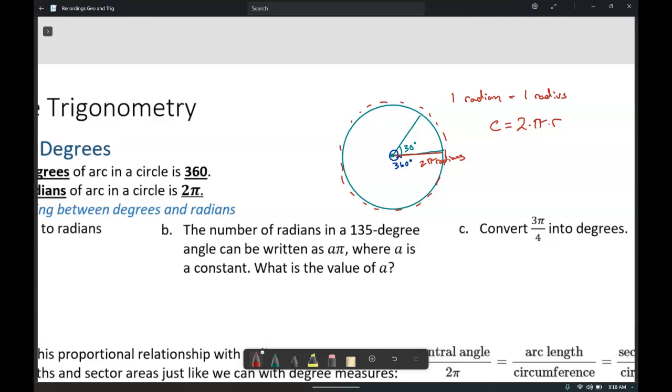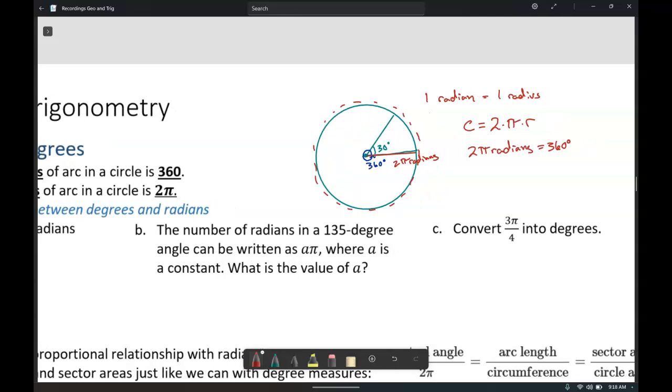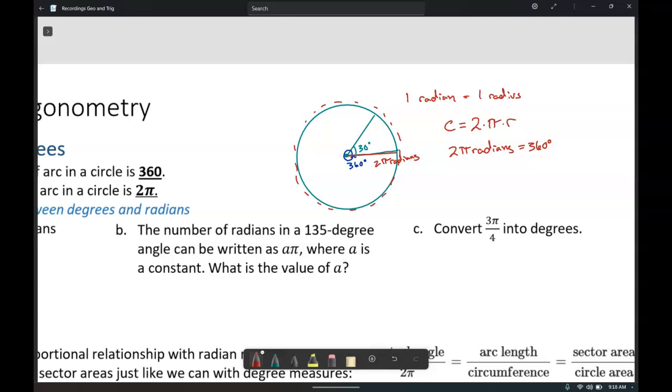Since 2 pi radians is a full rotation, and 360 degrees is a full rotation, those two values have to represent the same thing, therefore they're equivalent. And so we can write a ratio or a proportion using this information: 2 pi radians over 360 degrees, or 360 degrees over 2 pi radians.